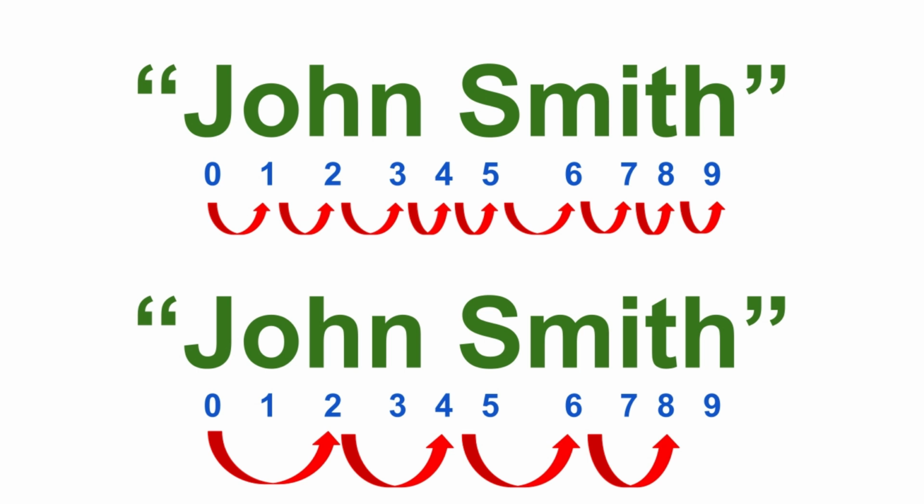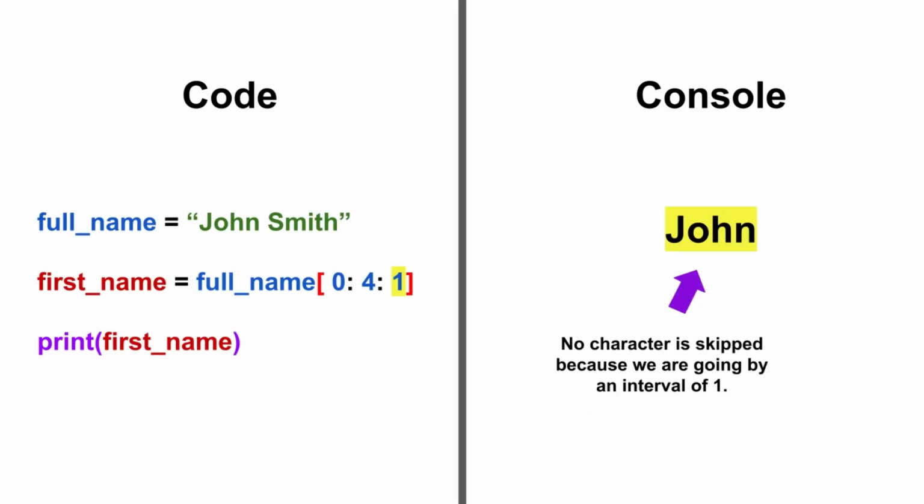The third character will be extracted, the fourth will be ignored, and so on, over and over again in a pattern. Here is what the default interval of 1 will look like on the console. We can see all the letters in John, and here is what the interval of 2 will look like on the console. We can see that some characters are missing, the second and the fourth.